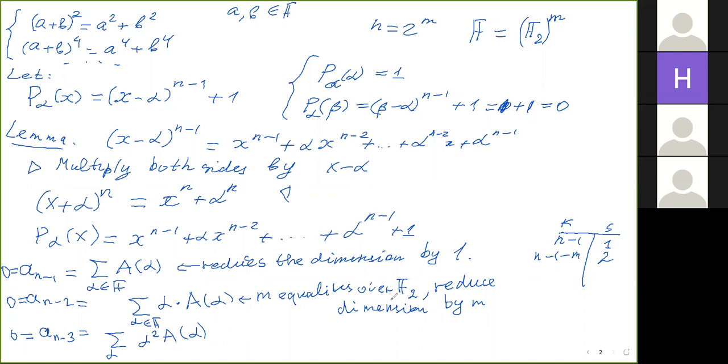However, those equalities are linearly dependent with the previous ones. Moreover, they are just derivable from this one. Indeed, this equality means that the sum of alpha times A of alpha is 0. Let's square this equality.